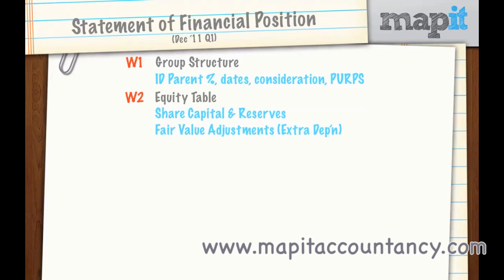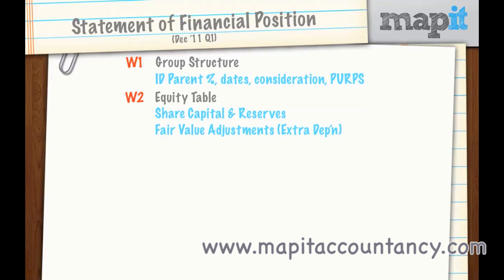So remember, fair value adjustments are where we have items in the subsidiary's financial statements that aren't at fair value. IFRS 3 says we have to bring in all of the assets and liabilities of the subsidiary at fair value. So if they're not at fair value, we need to adjust them. The adjustment goes into this equity table. So say, for example, the subsidiary has some property, plant and equipment that's at historical cost. Well, we need to value it at fair value for the group accounts.